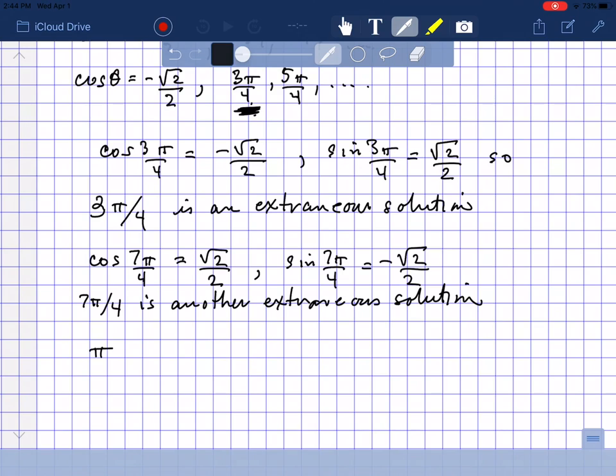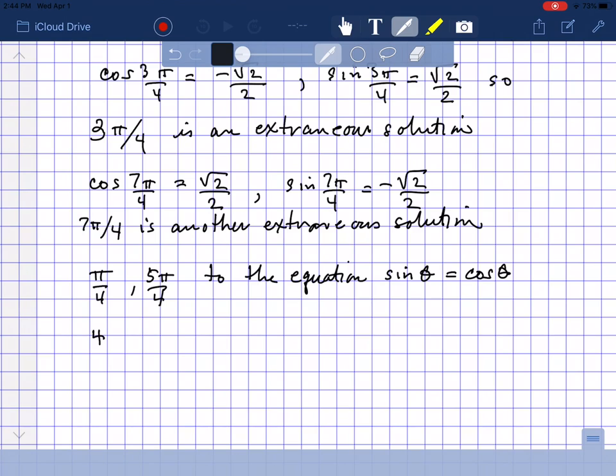So we have two solutions, pi over 4 and 5 pi over 4. Okay, so these are our two solutions to the equation the sine of theta is equal to the cosine of theta.